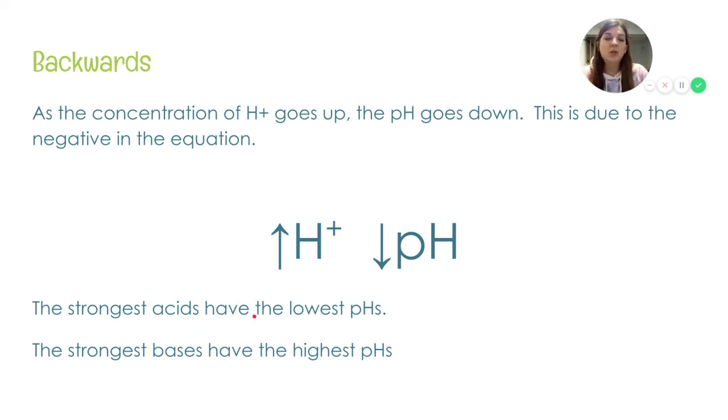So a solution with a pH of 1 is 100 times more acidic than a solution whose pH is 3. Again, a solution whose pH is 1 is 100 times more acidic than a solution whose pH is 3. So the lower the number on the scale, the more acidic, because we have more hydrogen ions.